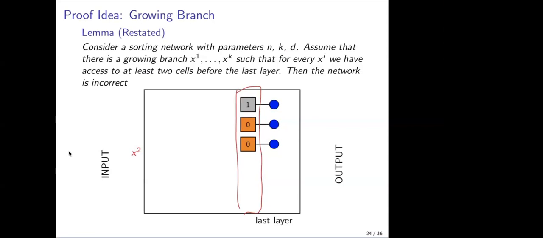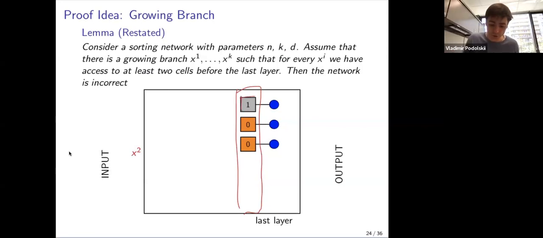It should be one of them, so let's say this one. So this is now 1. But I also know that on input x2, I have access to 2 different cells before the last layer. So I get access to a new one. It is important that I also keep access to this one, because access is stable.